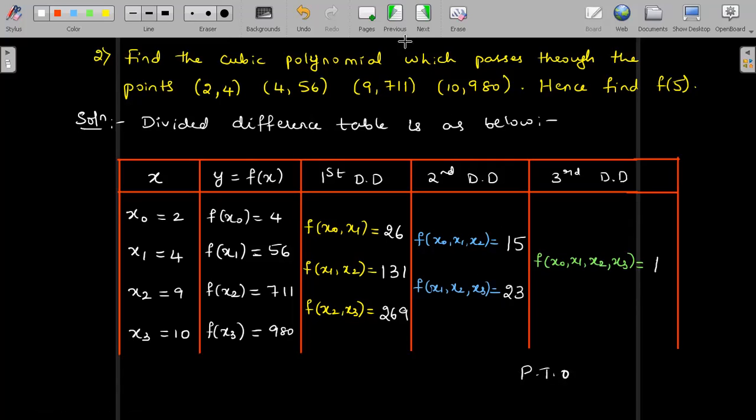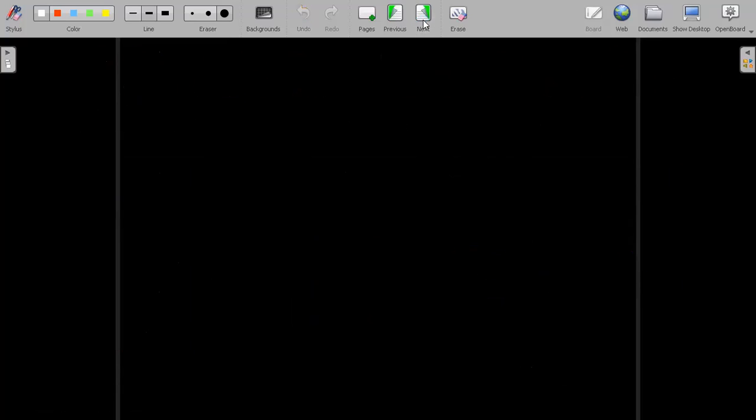Now with this, we are going to obtain the respective polynomial. So let us write down first Newton's divided difference formula.